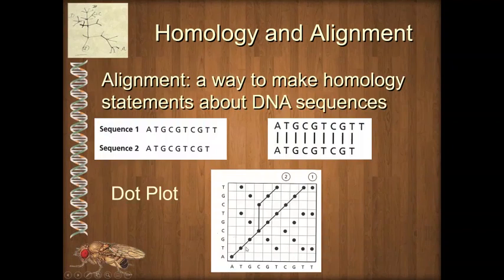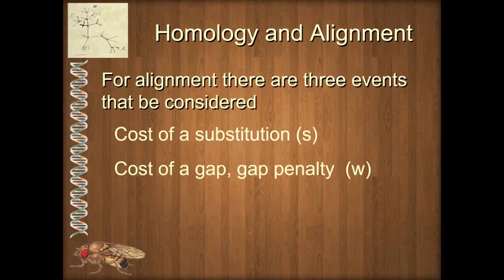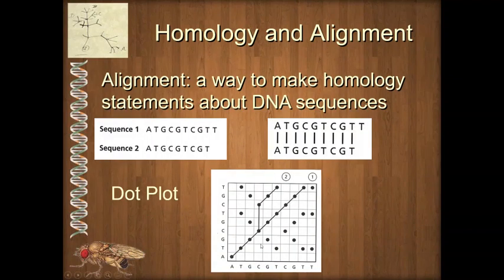So notice as we go across here, we don't incur any costs until the end, and then all we would have would be the cost of a gap with no extension of that gap. So depending on what values you give these variables, you might get different answers. But in this case, this is almost certainly the least costly way to do an alignment, because we can align everything together and then just put a single gap penalty at the end.